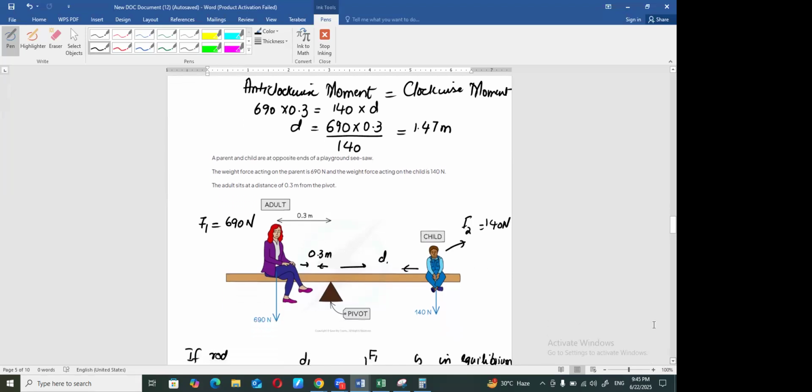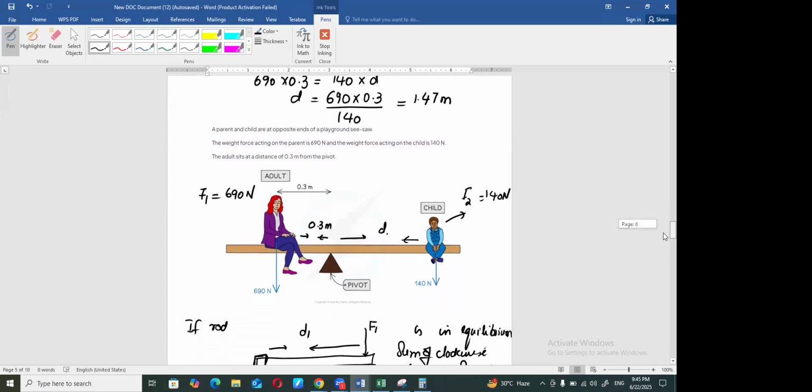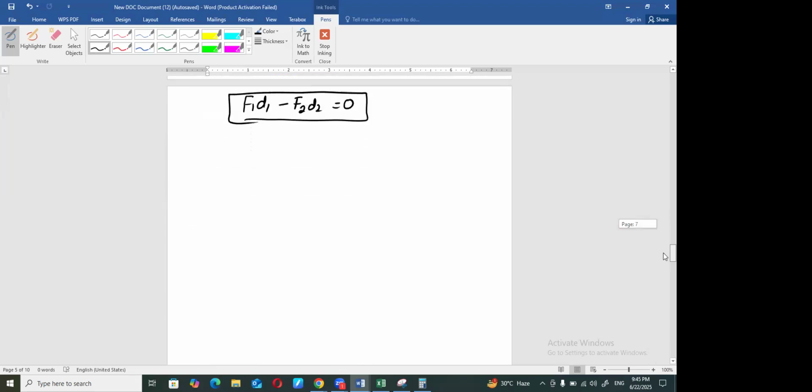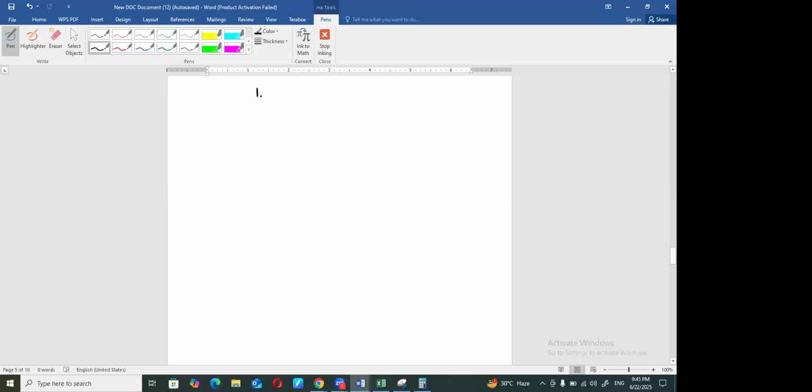This was the one which was missed. Now let's start with a new topic, momentum. When you say momentum, what actually is momentum? Momentum is technically the amount of motion present in a body, right?